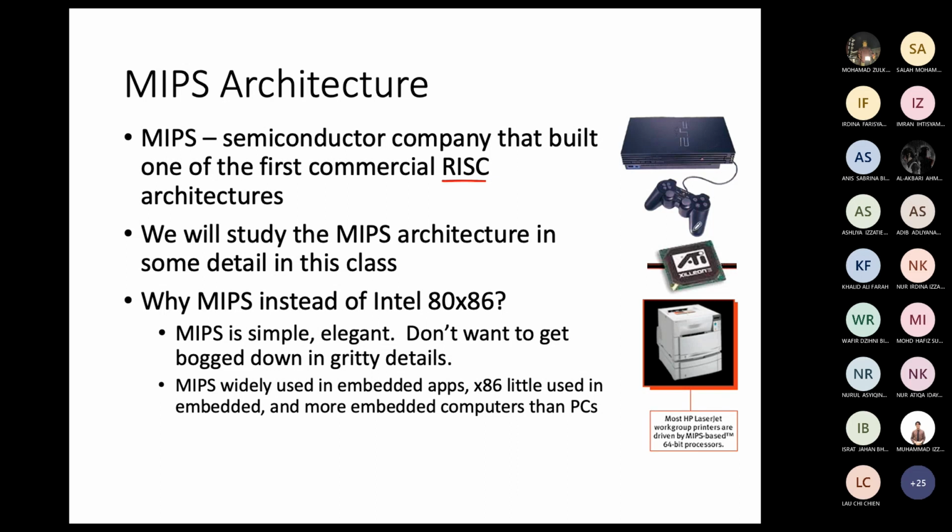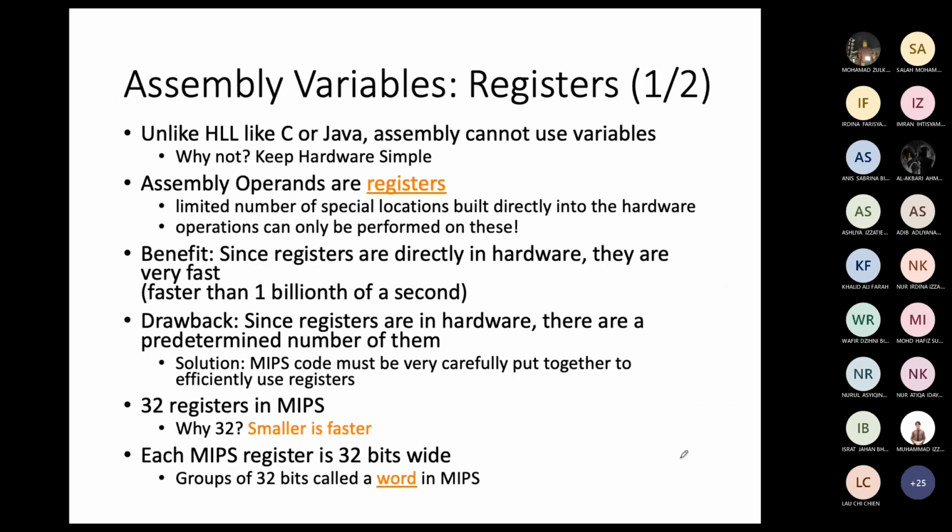These are the applications or devices or systems that use MIPS, and there are more embedded computers than PCs. Even the PS2, PSP, and LaserJet printers are driven by MIPS-based 64-bit processors.